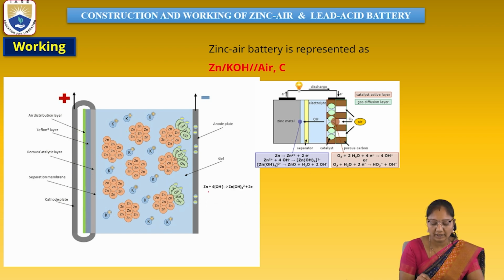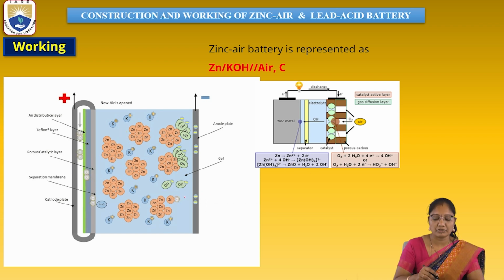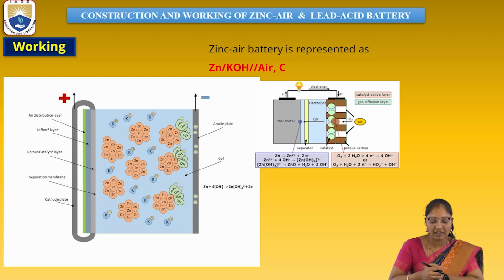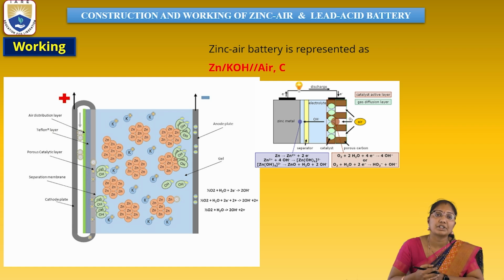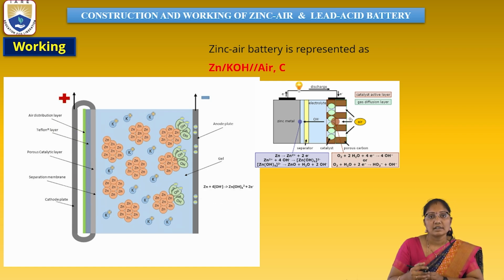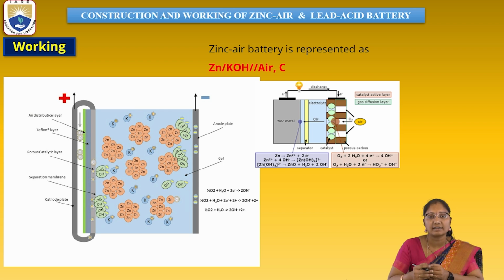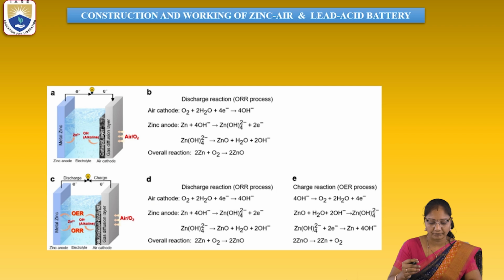Here the OH minus ions are going to react with the zinc ions and then form the zincate. Thus formed zincate is again converted into zinc oxide and water molecules. So this process is continuous and thus there is no water consumption over here.